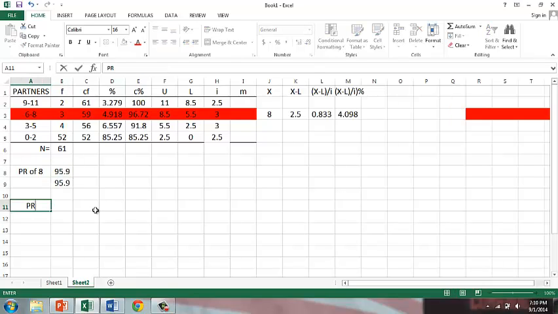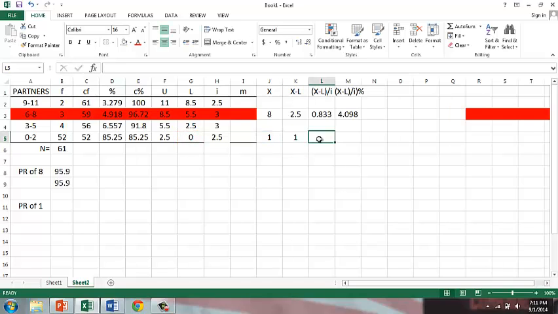Let's calculate a percentile rank of one partner. And we'll use the multiple column method. So in this case, we're interested in an x or a score of 1. X minus L, the lower limit, is equal to 1, our score, minus 0, our lower limit for our critical interval.